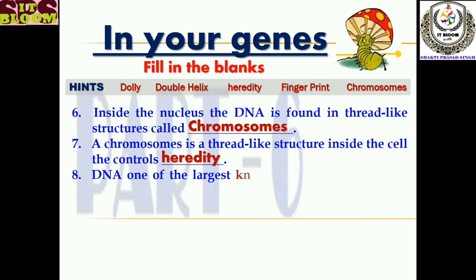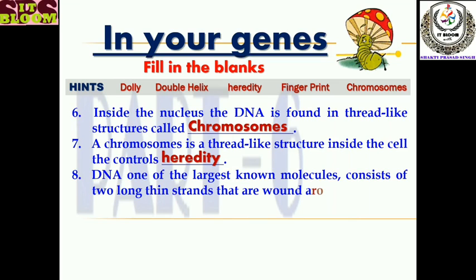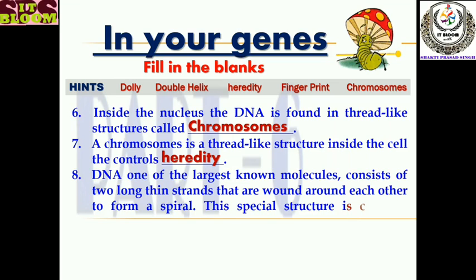Question number 8. DNA, one of the largest known molecules, consists of two long thin strands that are wound around each other to form a spiral. This special structure is called a double helix, right? Question number 9.